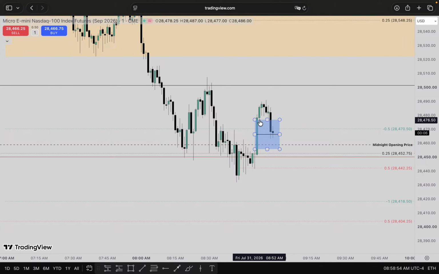I was about to manually get in, or put a limit there, but that's why I waited, because you don't want to see this. So this is why I always want to wait to see how it closes. It's not a bad entry, but leading up into the 9 a.m. open, sometimes it can get crazy.